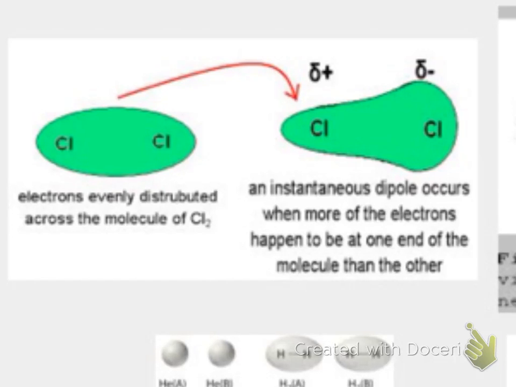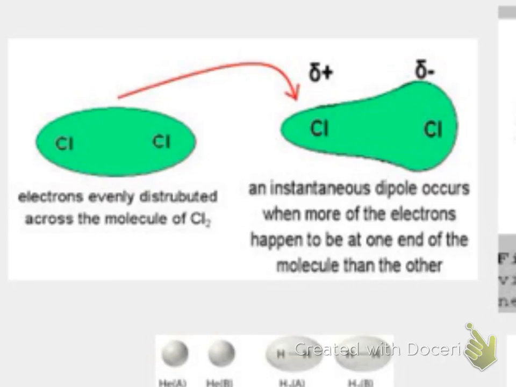It can also happen in a bond where there is a difference in electronegativity, but not sufficient to make the bond polar, for example in the carbon-hydrogen bond. And it's when at one point the distribution of the cloud is exactly spherical, so there's an equal distribution across the bond.